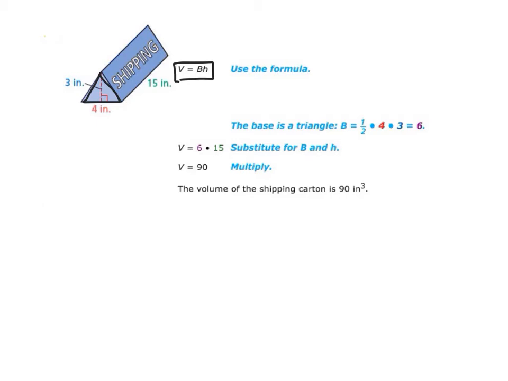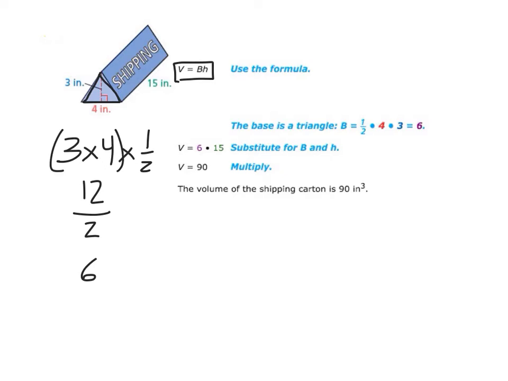To find the area of this triangle, we'd multiply 3 times 4 to get 12. We'd then divide it by 2 to get 6, because the area of a triangle is 1/2 times the base times the height.